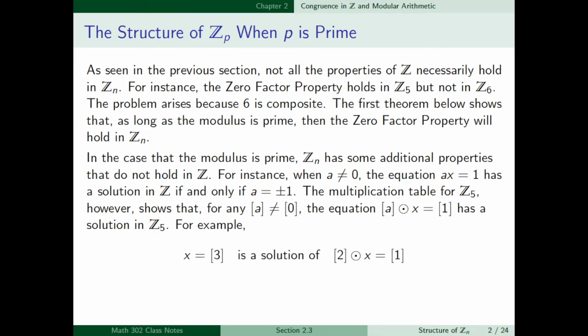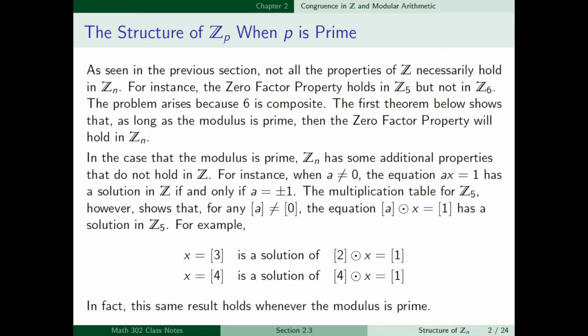For example, x = 3 is a solution of the equation 2 times x equals 1 in Z sub 5. And x = 4 is a solution of the equation 4 times x = 1 in Z sub 5. In fact, this same result holds whenever the modulus is prime.